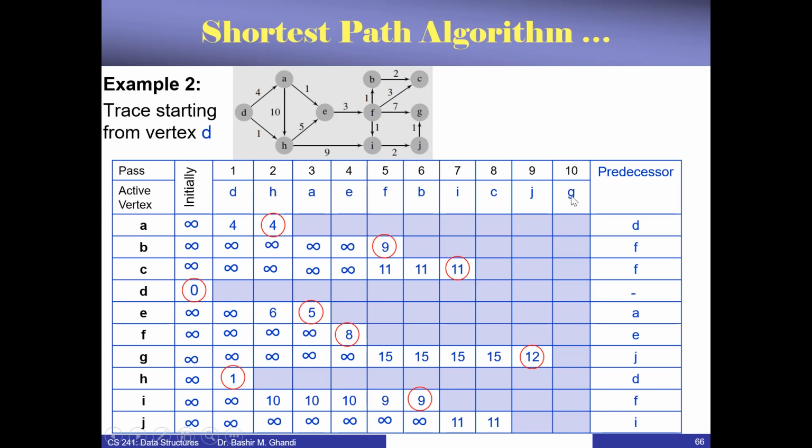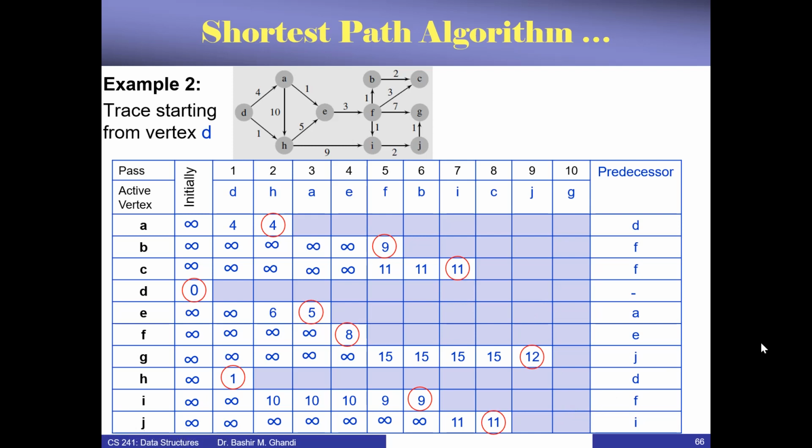So G is also a dead end, so there is nothing to do, and therefore we are done. It seems by mistake a cycle is removed from here. Yeah, okay, it's back. Okay, so this is basically the solution.